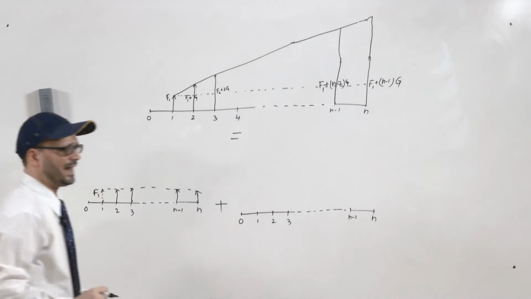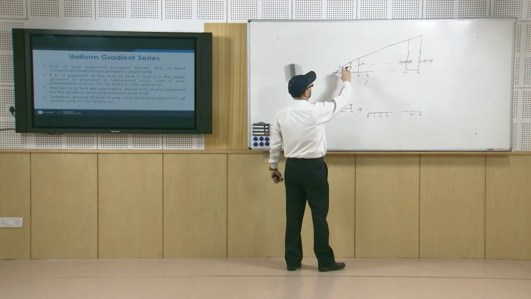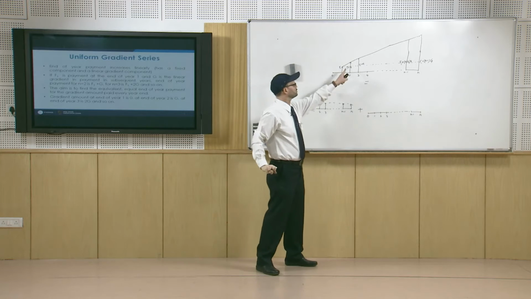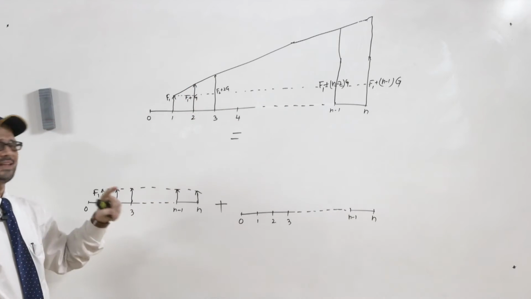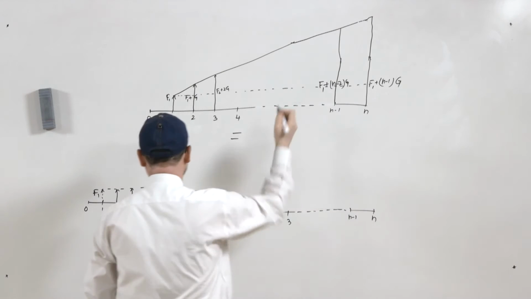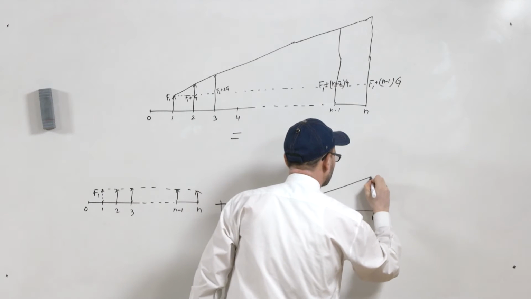In this, as we see, the gradient value is 0 in the first year; it starts only from the second year. In the second year its value is g and then it goes on increasing.